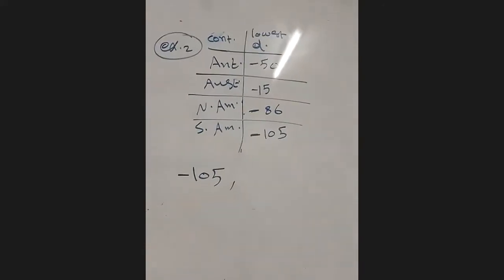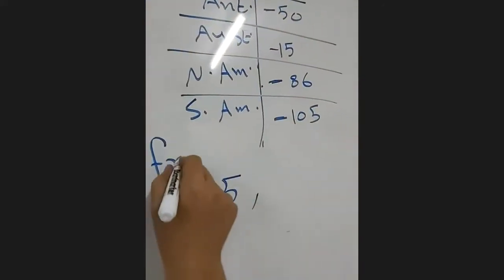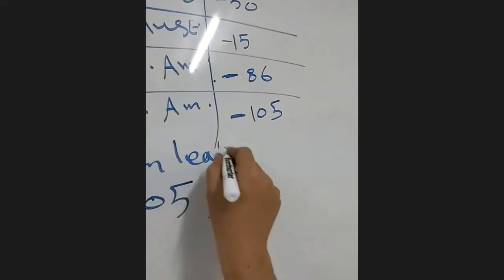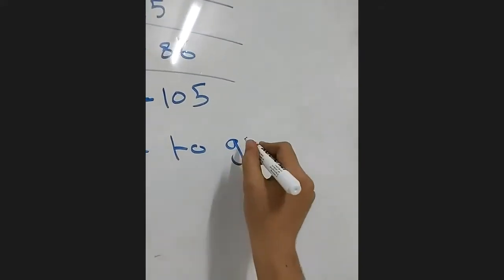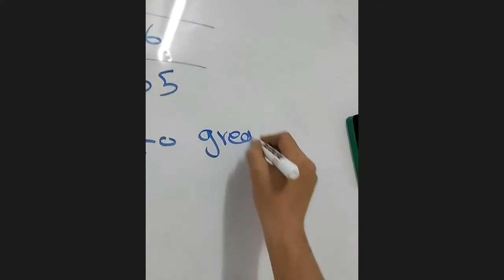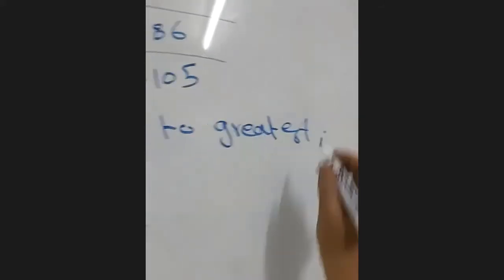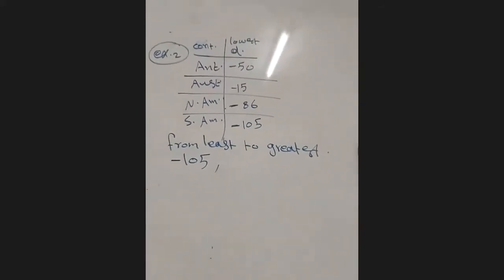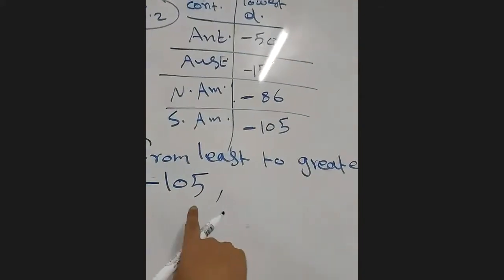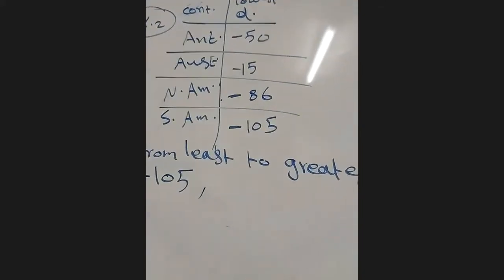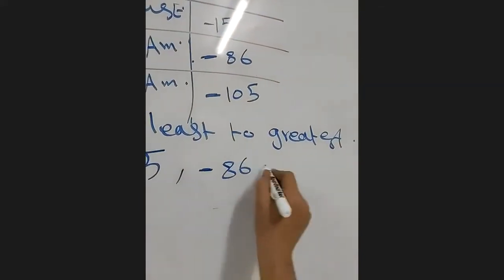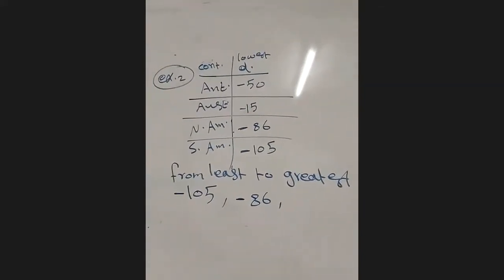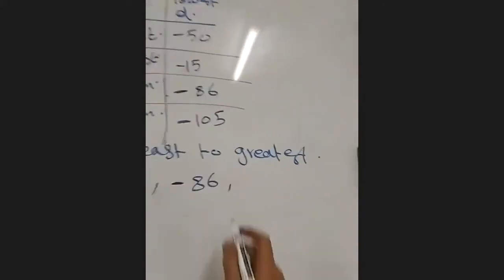Then we are ordering from least, -86. Wait, Yusuf. From least to what, guys? We are ordering from least to greatest. Tell me, Yusuf. You said -105, then -86, then -50, then -15.